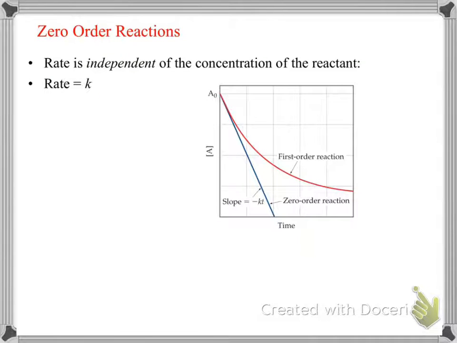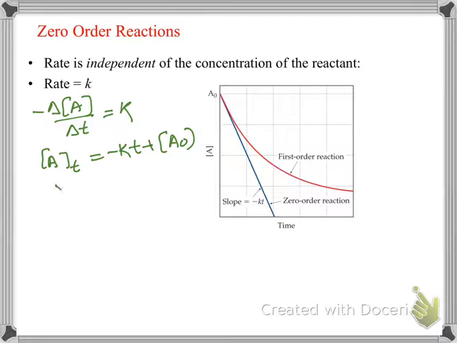Zero order reaction: your rate is independent of the concentration of the reactant. Whether you increase or decrease, it will not make any difference. So rate is basically equal to K, which means negative delta A over delta T equals K. And so your equation becomes concentration of A at time t equals negative Kt plus A naught.